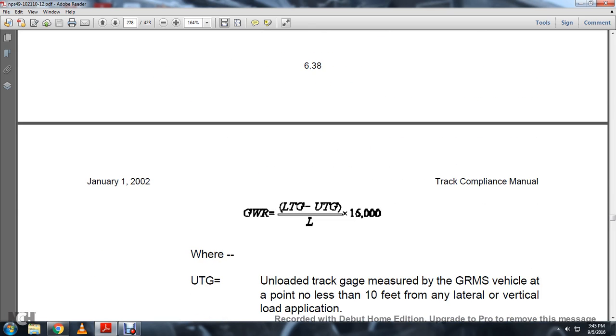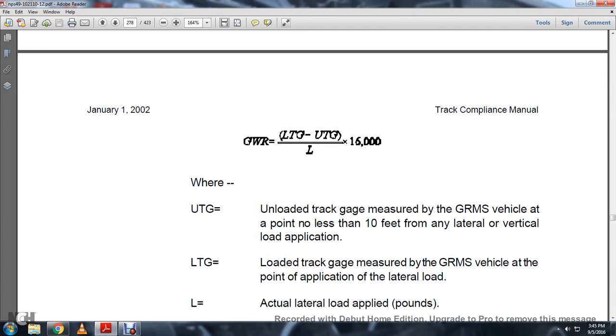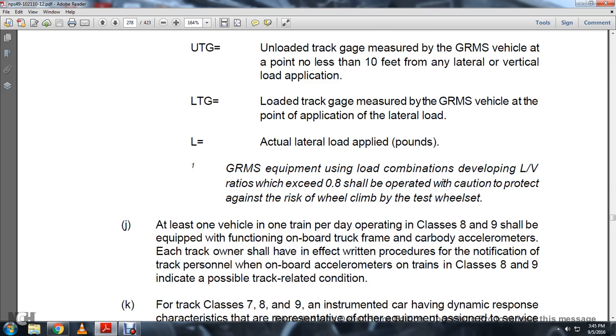Your gauge widening ratio is equal to the loaded track gauge measured by the gauge restraint measurement system at the point of the application of load minus the unloaded track gauge measured by the gauge restraint measurement vehicle at a point no less than 10 feet from the lateral vertical load application, divided by the actual load applied in pounds times 16,000.